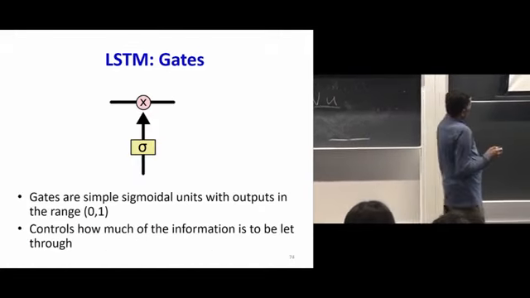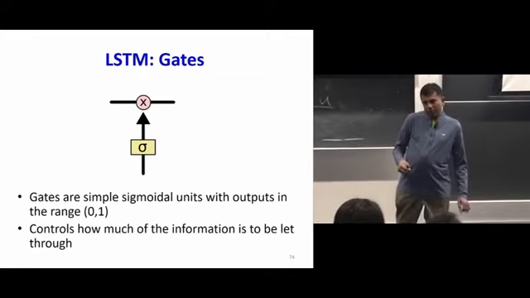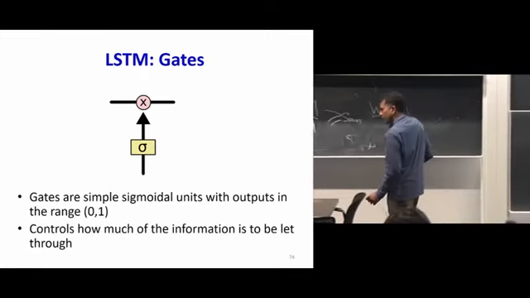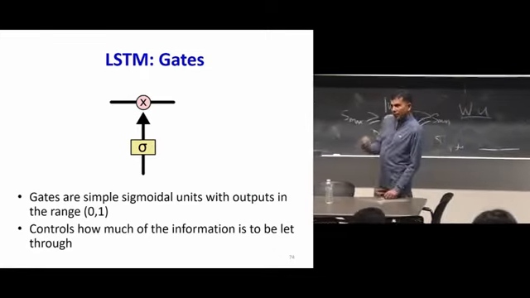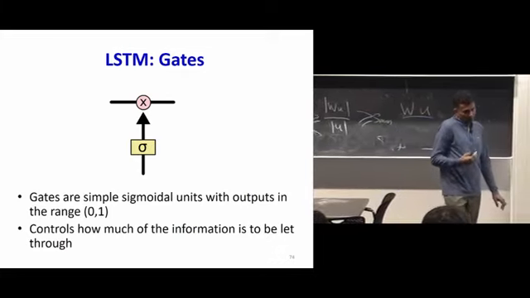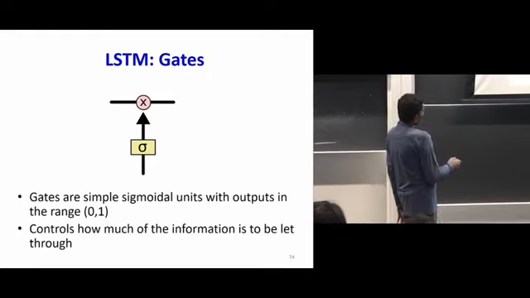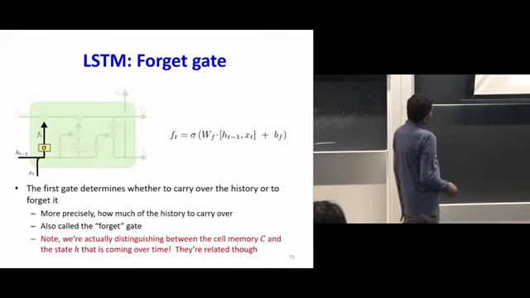So first, this thing goes through at each time based on the various inputs. You take a decision on whether what is currently being stored must be shrunk. So there are gates, sigma, with outputs in the range 0 to 1, which control how much information is to be let through. So here are the various gates.